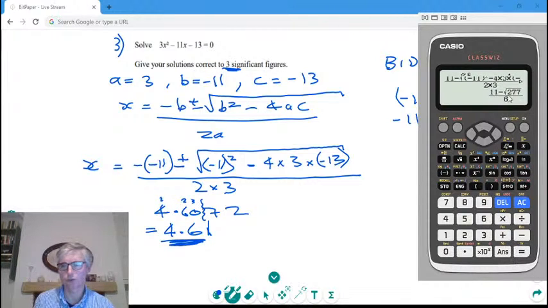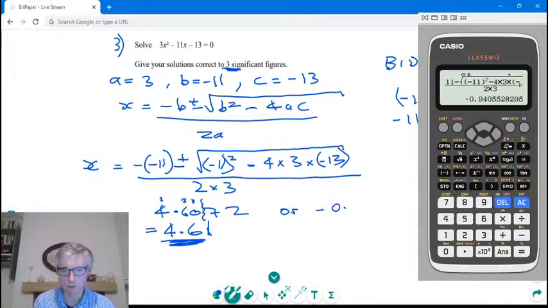So that's the other solution. Again, press the SD button to get decimal form, and that's our other answer. So minus 0.94055.